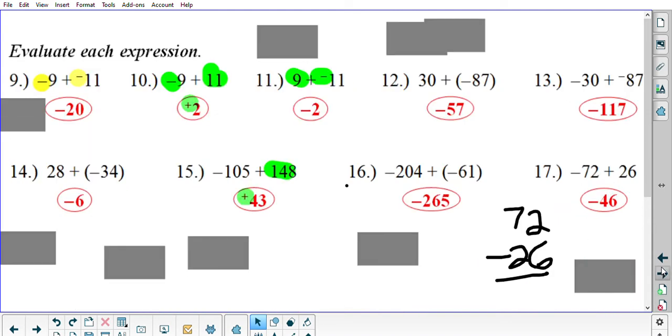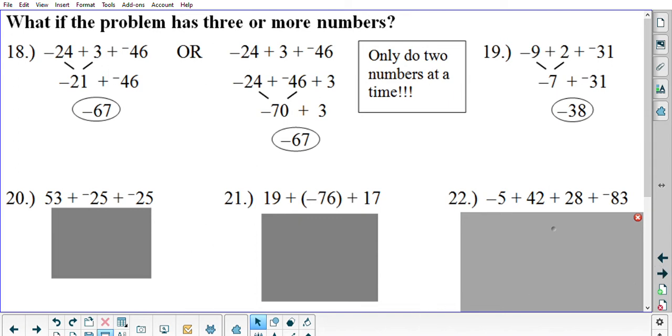And so, as much as I wish that I could do 3 numbers all at the same time, that would be a horrible idea when they don't all have the same sign. Take a look at this. We have 24 and 46 are both negatives, but the 3 is not negative, it's positive.